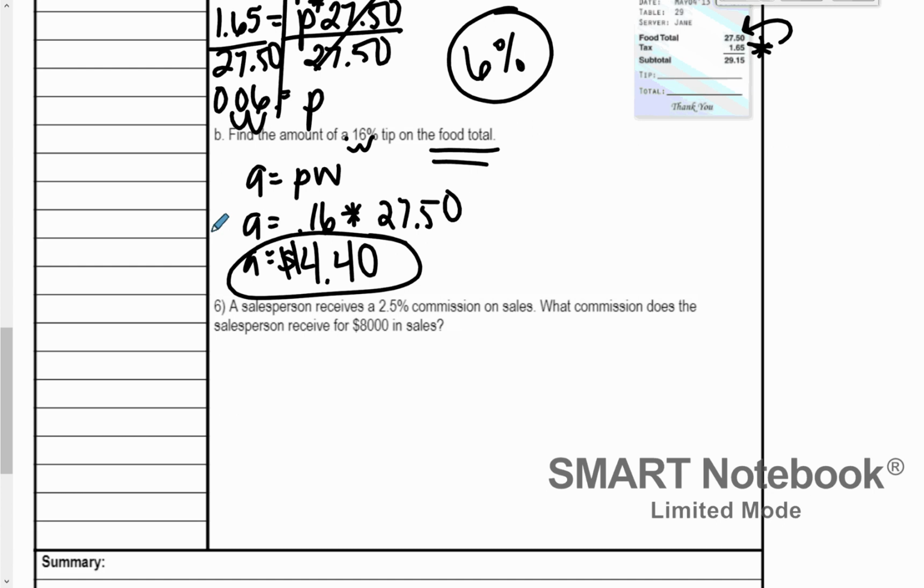So commission is like a car dealership, where if you sell someone like a $200,000 car, you make a percent of that sale for yourself. So like if it's a 5% commission, you'd find what is 5% of that $200,000, and that's what you get to keep. Another industry that does commission is real estate.